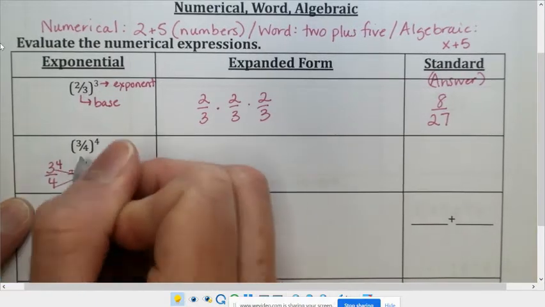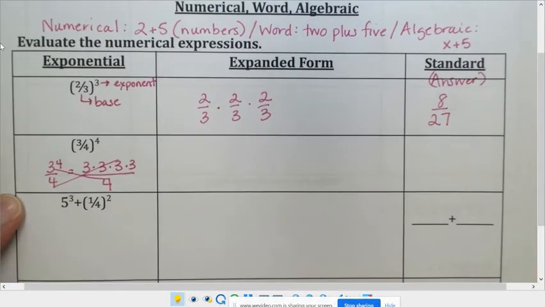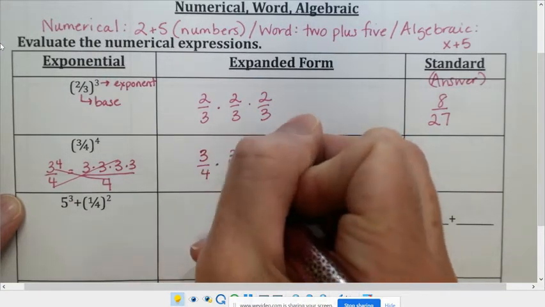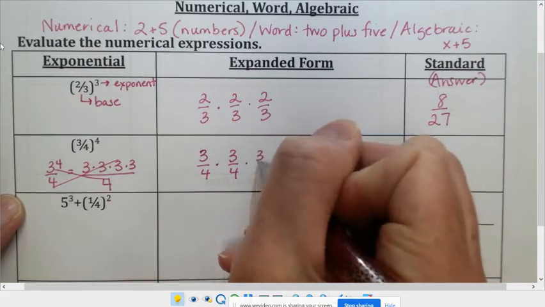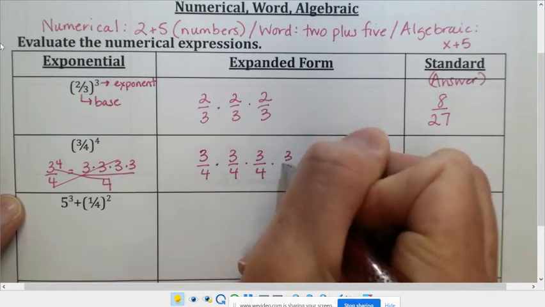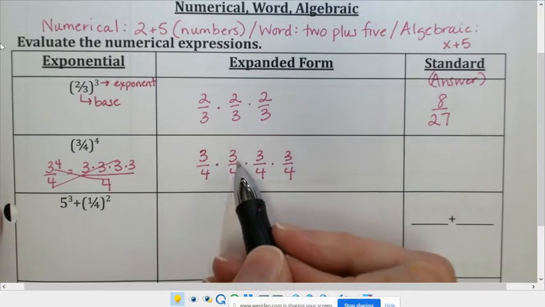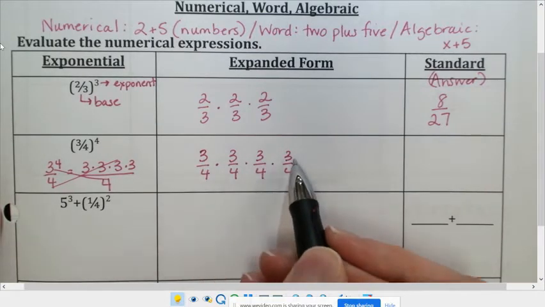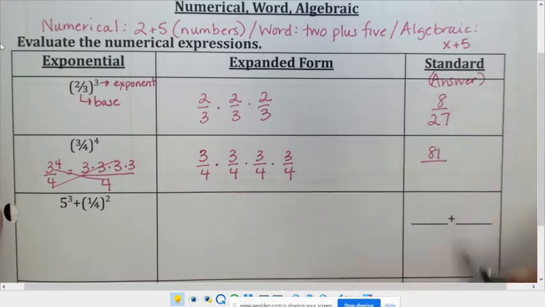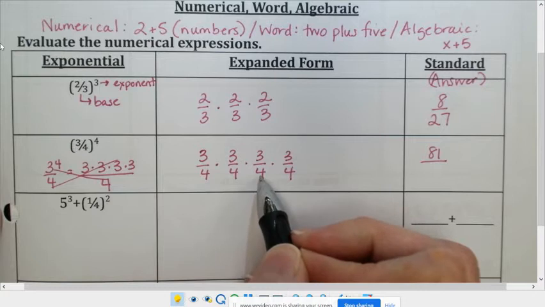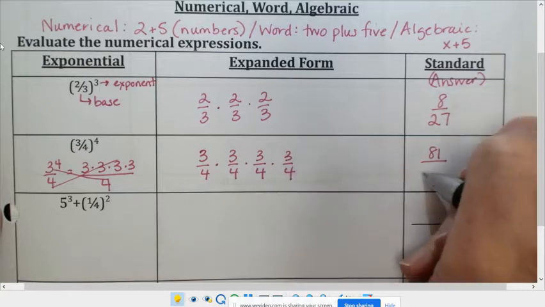So it has to be in parentheses when I'm dealing with a fraction. When I expand it, I don't have to write it in parentheses, but when there's an exponent there, I need to write it in parentheses. So I would multiply 3/4 together four times. 3 times 3 is 9, times 3 is 27, times 3 is 81. 4 times 4 is 16, and then times 4 is 64, times 4 for 256.